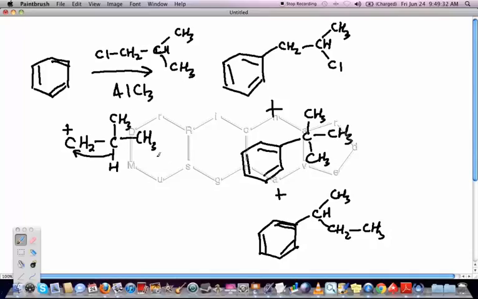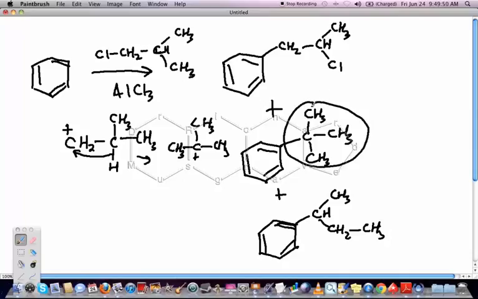Move that over and we end up getting our tertiary C+, and the tertiary C+ is what leads to this product. There's your tertiary group right there, but adds to the aromatic ring. Adds in the same way as we saw before. If you want to look at that mechanism again, you can go back to the earlier mini lecture on the Friedel-Crafts alkylation reactions. Alright, let's look at the secondary one.